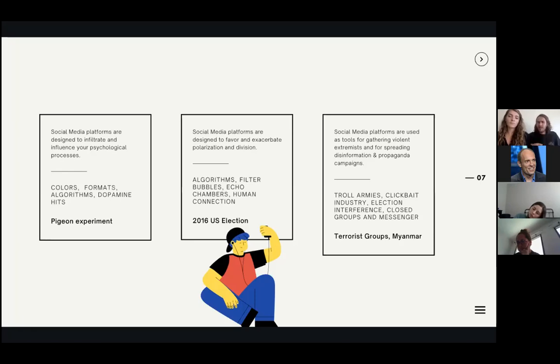Another less intentional, but still big part of this is what's called the clickbait industry. This is some research I've read that looks at groups of essentially micro economies that are all built around the creation of fake headlines and fake memes and false information in other parts of the world, particularly in Southeastern Europe and Russia, where there's a lot of industry around this.